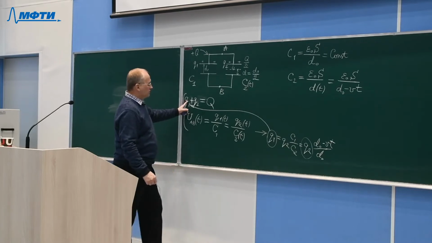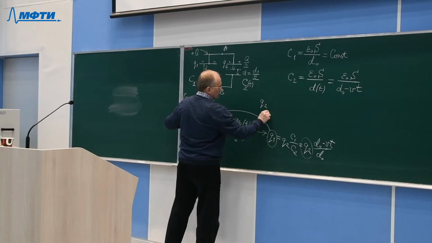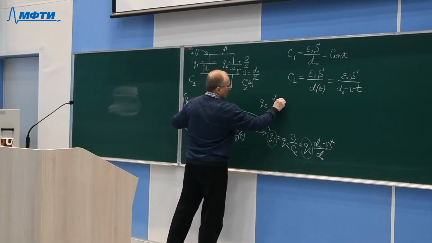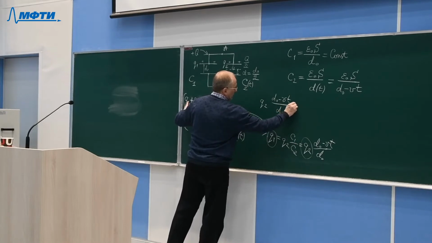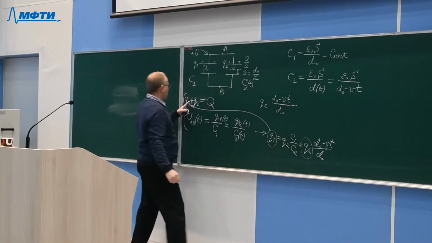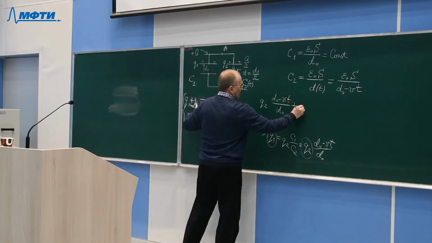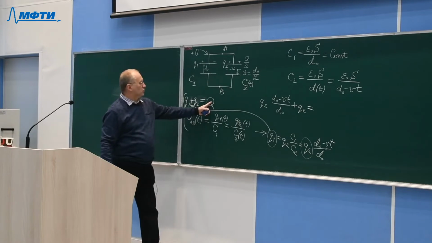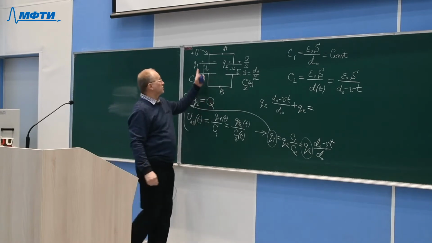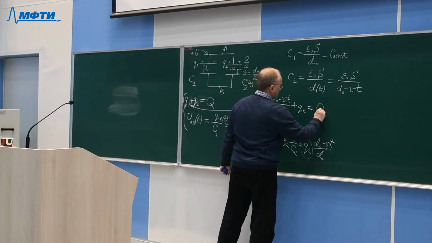So instead of Q1, I will use this expression. That will be Q2 times (D0 minus Vt) divided by D0. And now I have to add another charge Q2. And this sum must be equal to Q, the original charge on the upper part of this circuit.